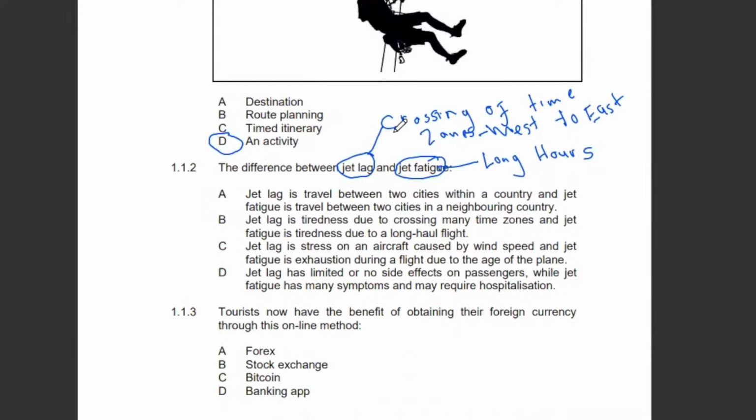Let's look at our options. The option which best matches the descriptions given above is option B. Jet lag is tiredness due to crossing many time zones. When you travel from east to west or from west to east, you cross many time zones.